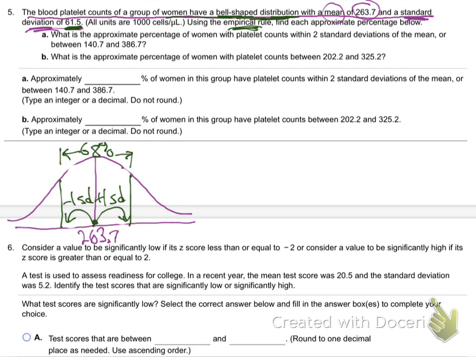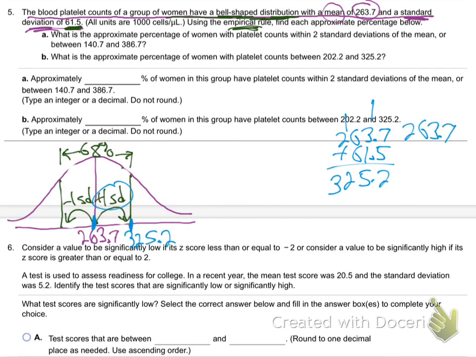So I take 263.7 and add 61.5, adding one standard deviation to find this spot right here. The middle is 263.7. Add this, and you get 325.2. Then subtract the 61.5 and you get 202.2.